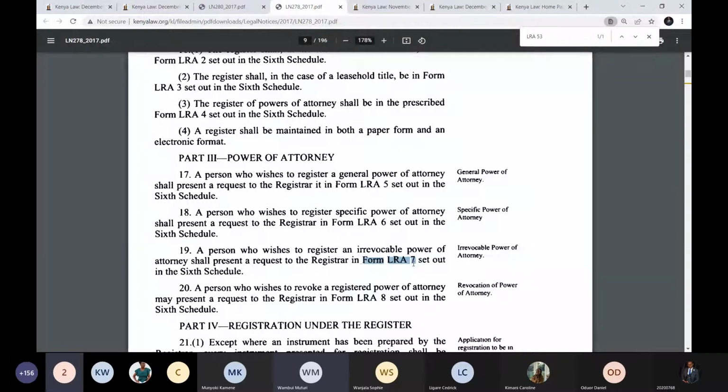They can do anything and everything. It's broad, as the wording suggests. For the specific, it's only limited to certain aspects or activities. Now, what about the irrevocable power of attorney?